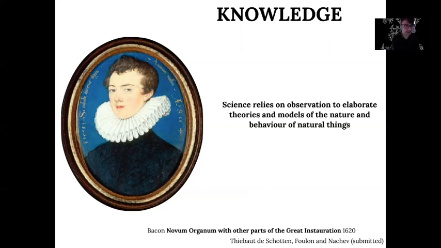And that's knowledge. Without this, it is only belief. Do you see what I mean? So knowledge is really based on science and relies on the observation to elaborate theories and models of the nature and the behavior of natural things. We all do that to build science and make discoveries.